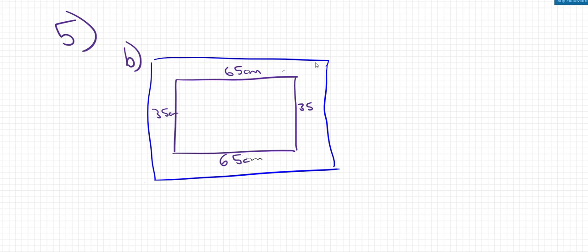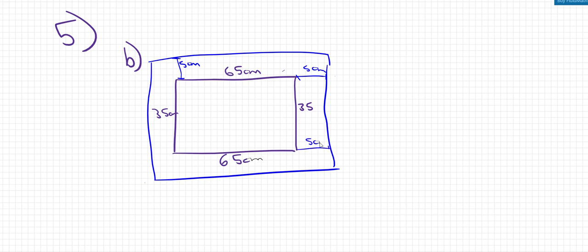We don't have a frame where this side's thicker or wider than the other side, because it won't look right. So the thickness of this frame, or the width, it tells us is 5 centimeters. From here to here, it's 5 centimeters. From here to here, it's 5 centimeters, and that's all the way around.